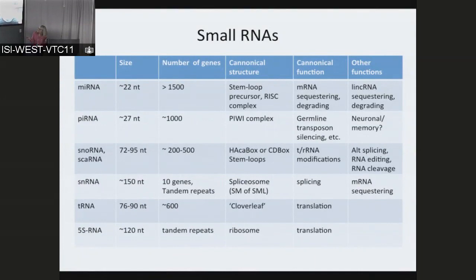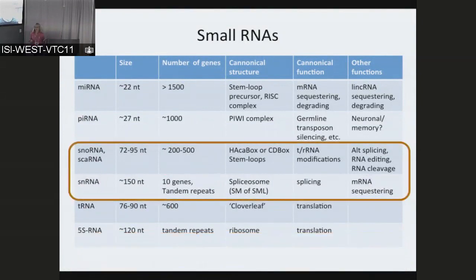So I just want to say a couple words about these classes of RNAs. These are sort of, I think, underappreciated but emerging as important regulatory classes of RNAs. So the snoRNAs were initially recognized or described as being involved in the covalent modifications of ribosomal and transfer RNA, so O-methylation, pseudouridylation. But it turns out that there is a large number of these, maybe about 500 in the genome.